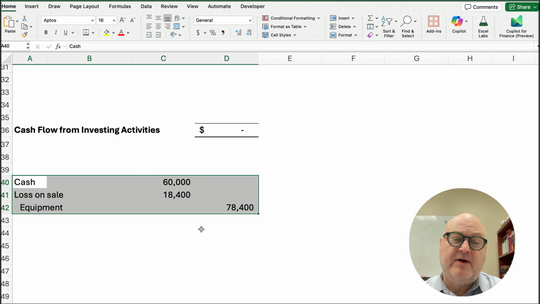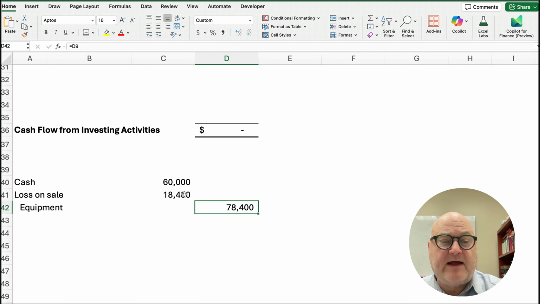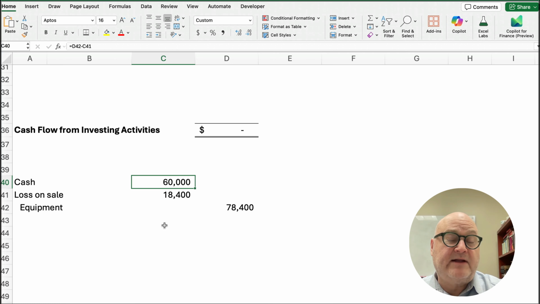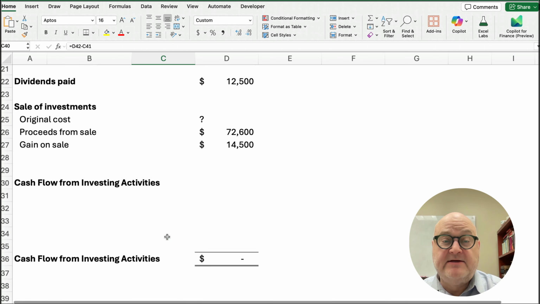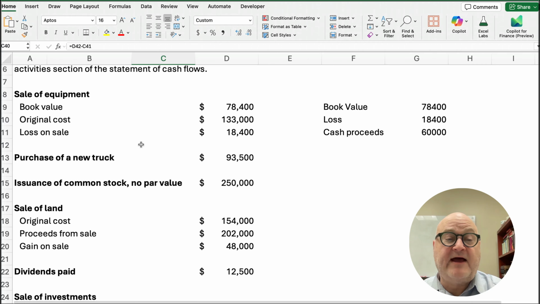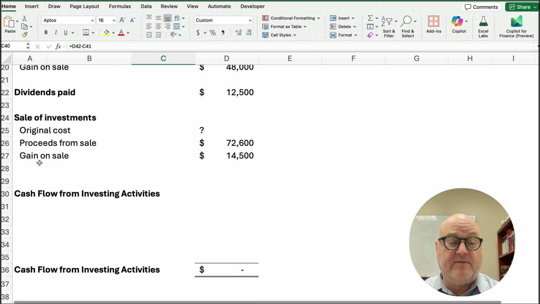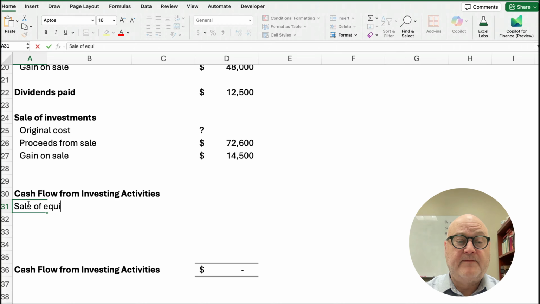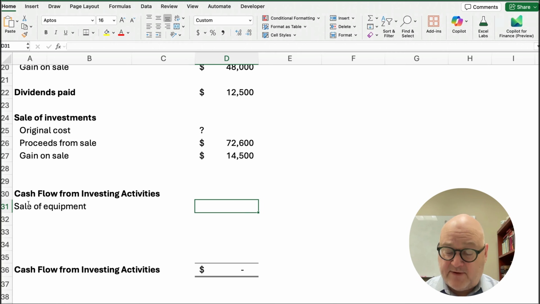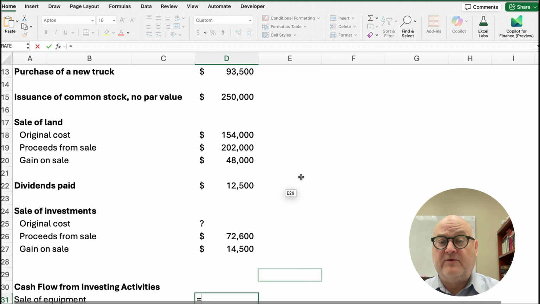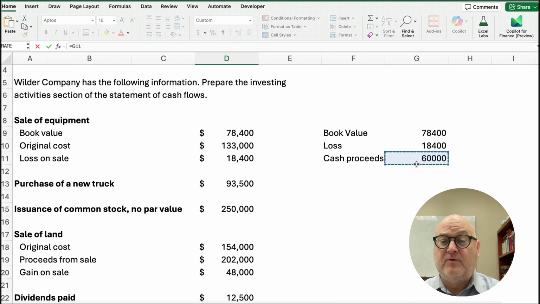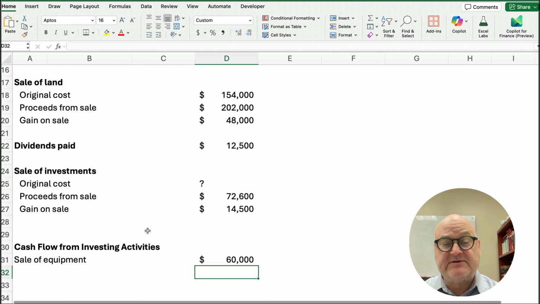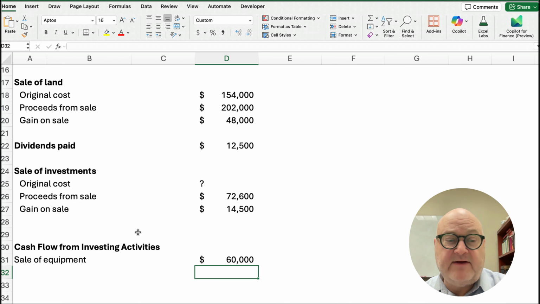We're missing the original cost and the accumulated depreciation, but this will make sense to you. If it's on our books at 78 and we had a loss of 18, then we must have only collected 60,000 of cash. So we're going to take that 60,000 and say sale of equipment. Is that going to be a plus, we receive cash, or a minus, we're paying cash? Well, we're receiving cash, so sale of equipment, 60,000 is a plus.